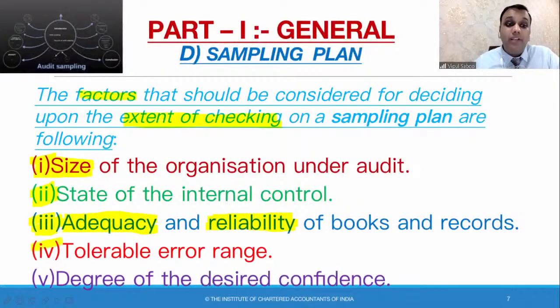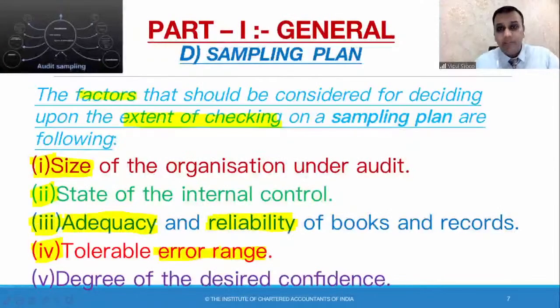Tolerable error range is very important. What is tolerable error range? As an auditor, I define an error range for deviations or errors. I'll define a range, say 2 to 5%, as a tolerable error.